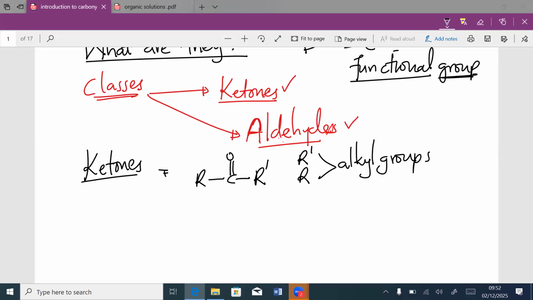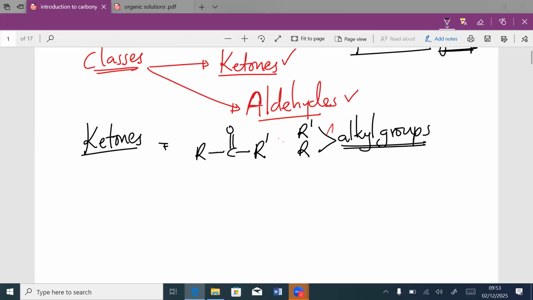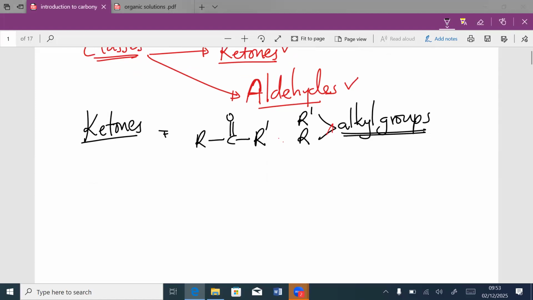So ketones are of that form. They have the carbonyl functional group, then they have alkyl groups attached to the carbonyl carbon.